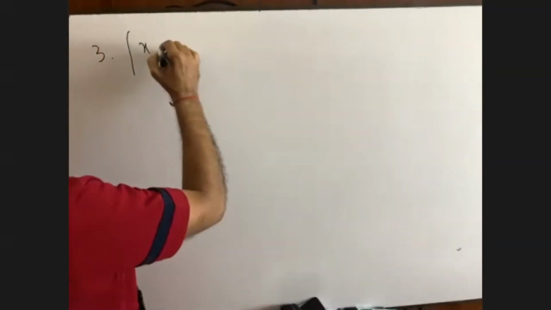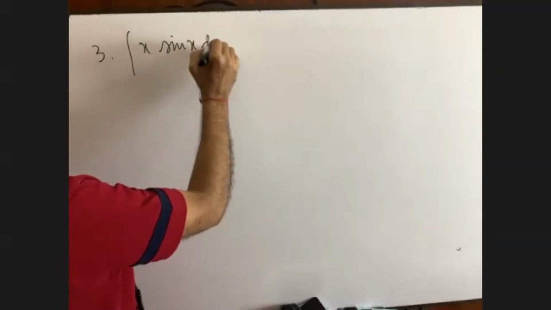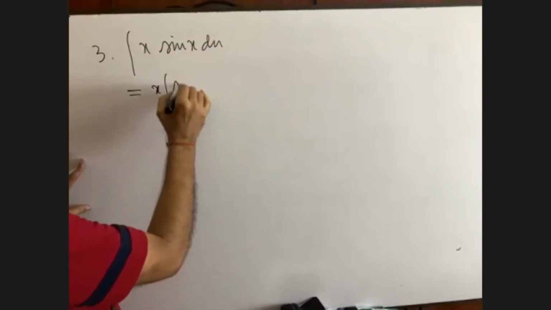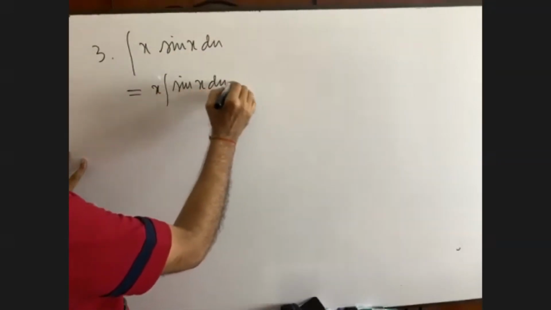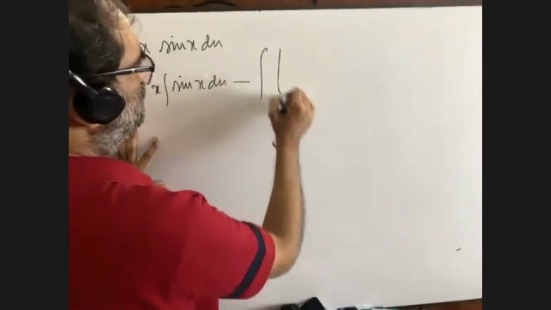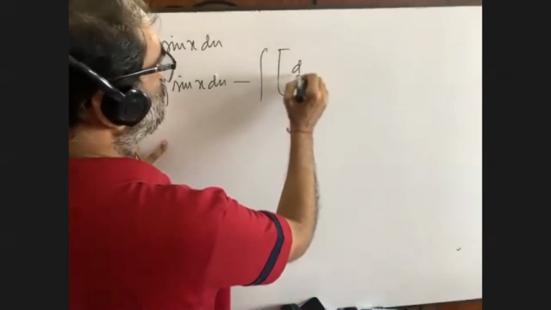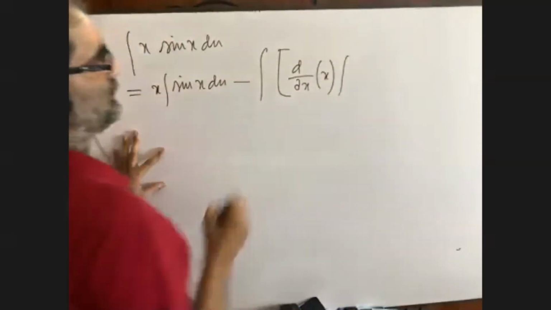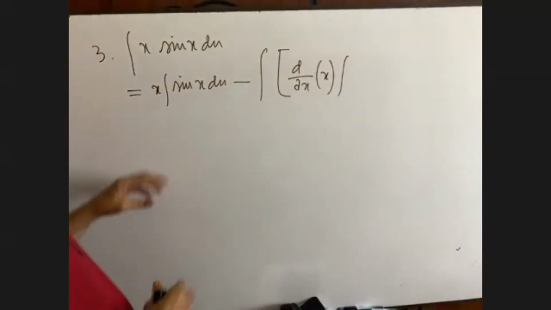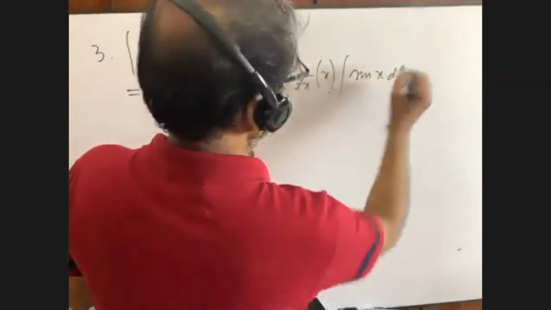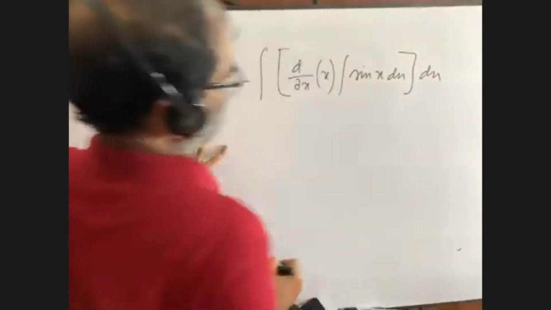It is x sine x dx. You carry on doing this math. It is x sine x dx. Okay. Minus integration sign, third bracket, d by dx of x, integration sign sine x dx, then again dx.